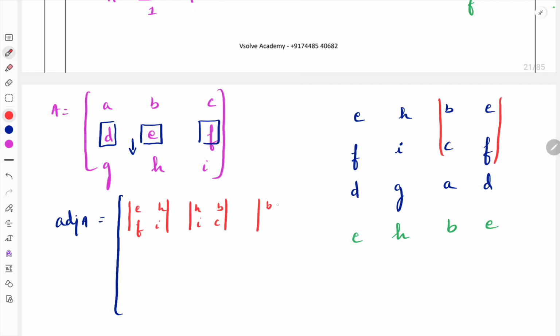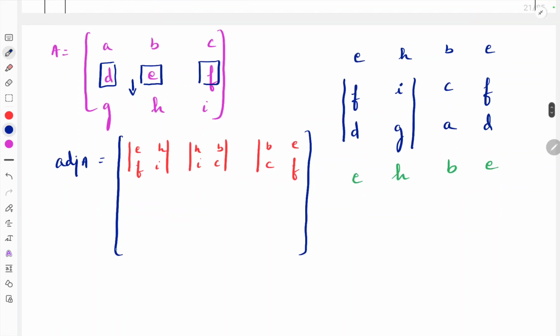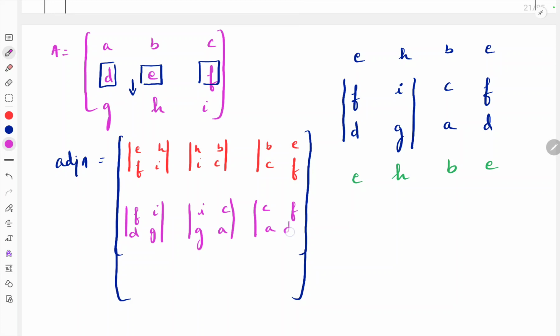So it will be B, E, C, F. Like this we have to proceed. Now the next thing here, I have to include this F, I also. So it will be equal to F, I, D, G. Next it will be I, C, G, A. This is a 2 cross 2 determinant. And this is C, F, A, D. And again I have to include this.